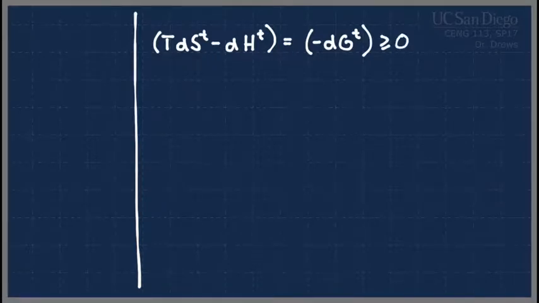The reason that we can get away doing something like that is very similar to the last step, which is that the change in Gibbs free energy is simply defined as dH minus T dS. And again, that's at constant temperature. The full form of that is the change in enthalpy dH minus the change in entropy times temperature, but if temperature is constant, you can pull it outside the derivative, which is what we did here.